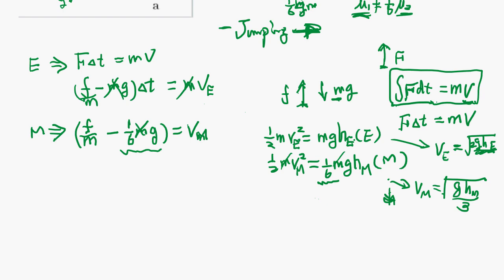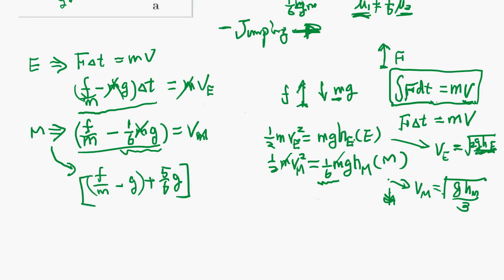when you look at this equation, this one can be f minus g plus g, so it's going to be, right, vm, which is gh, the height, jumping height on the moon, divided by 3.